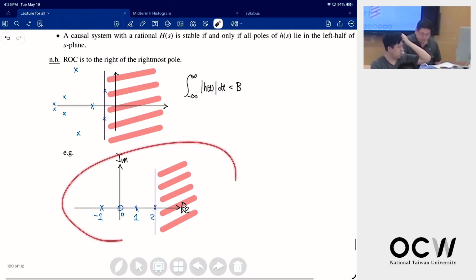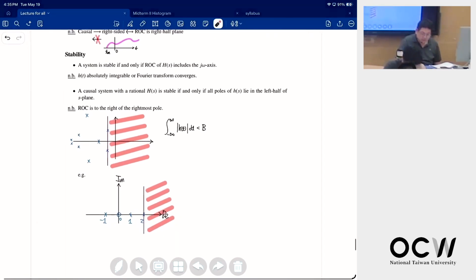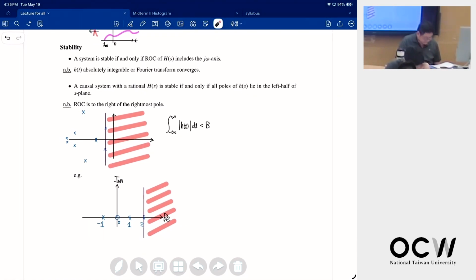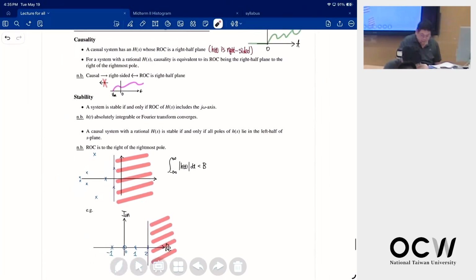This system is causal or not, stable or not. First, is it causal? Is it stable?